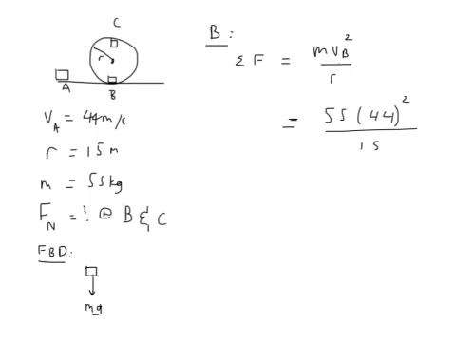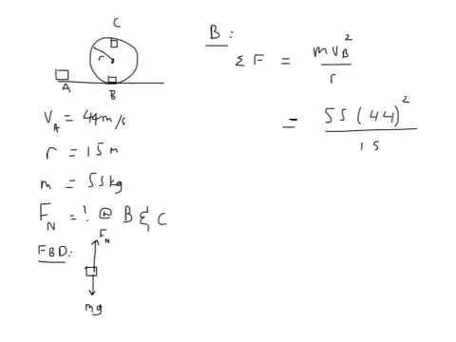Weight pulls down, gravity pulls down, and the normal force pushes up, because the normal force is the force of the surface pressing perpendicularly against the object. Now, because my cart here is moving in a circle, it has a centripetal force.